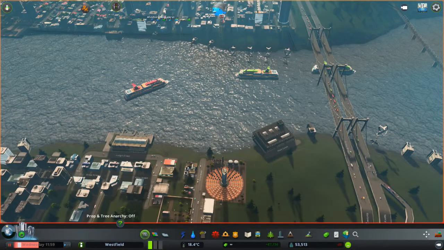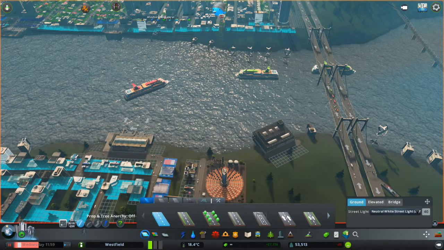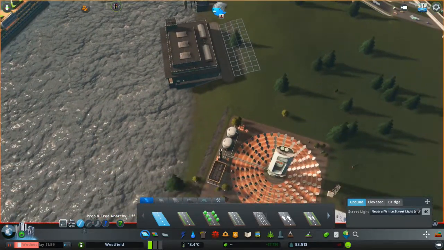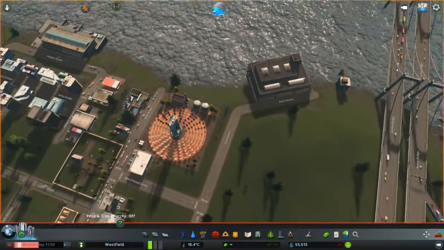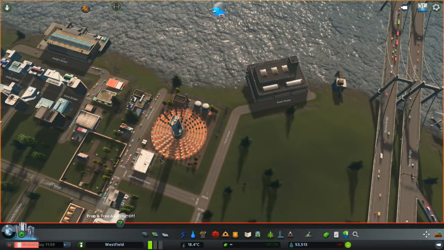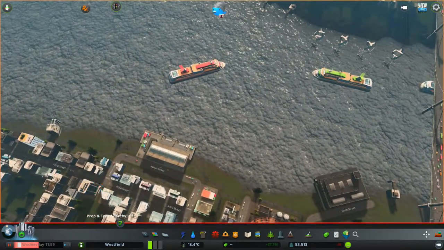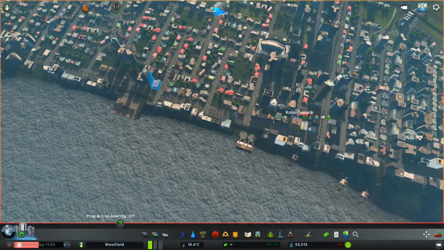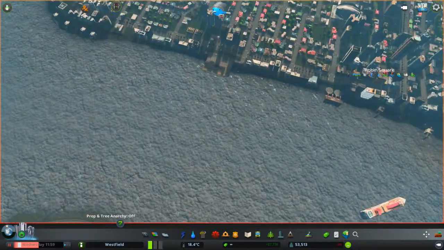We'll get a road connected to it, otherwise the trash won't get emptied. So that's our terminal. It will be connected to power because we're close to the solar array. We've got to join up that one to that one.